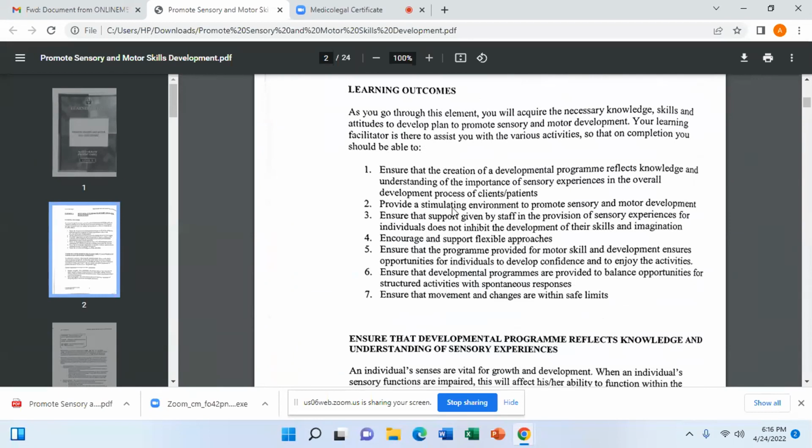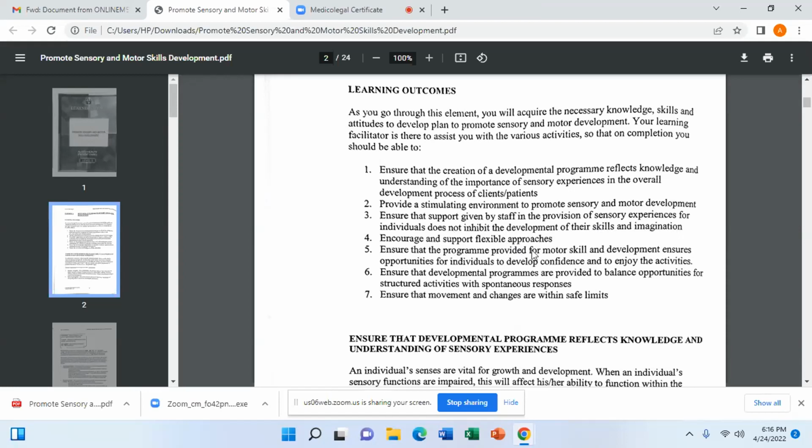Provide a stimulating environment to promote sensory and motor development. Ensure that support given by staff in the provision of sensory experience for the individuals does not inhibit the development of their skills and imagination, and encourage and support flexible approaches.